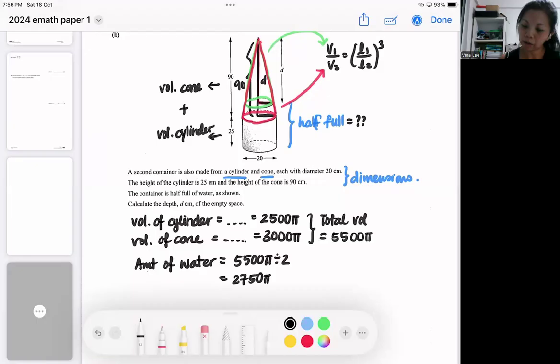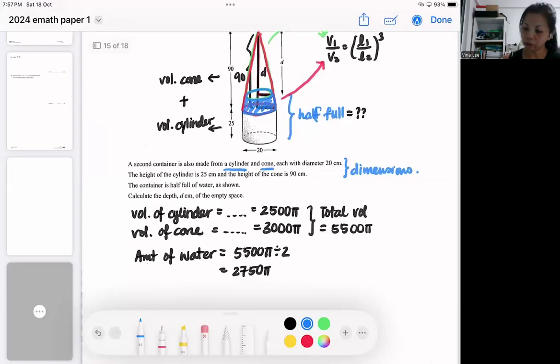I need to find out what this amount of water is first, because I need this amount of water to find the empty space. So from the water, I am going to subtract the water from the cylinder. I'm going to subtract the amount of water from the cylinder.